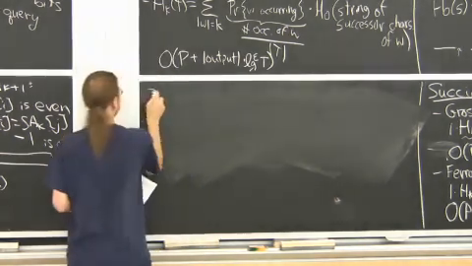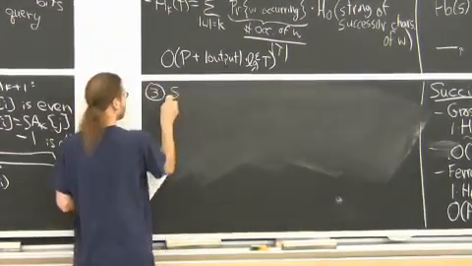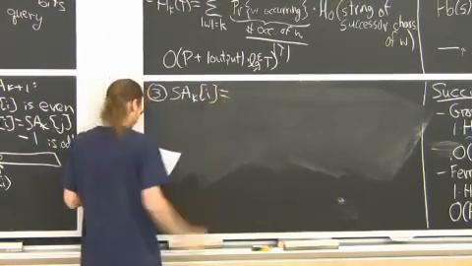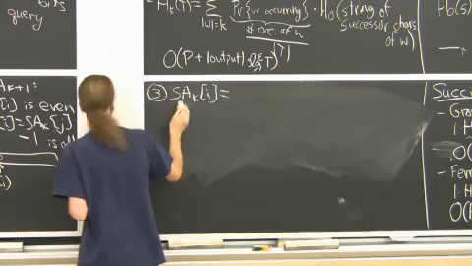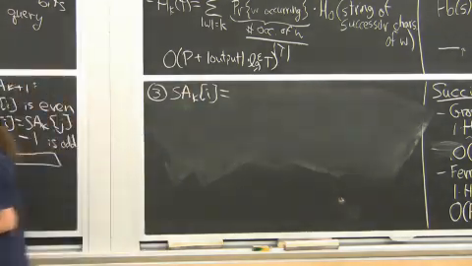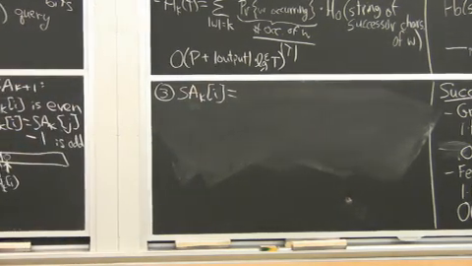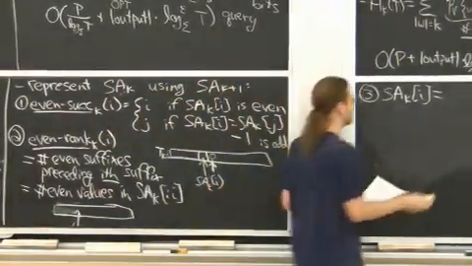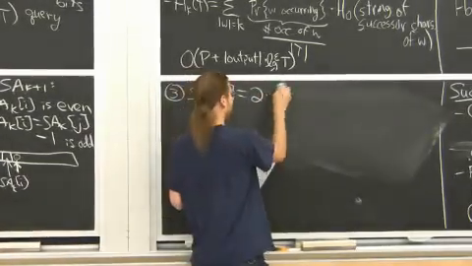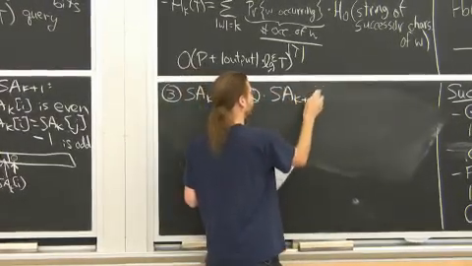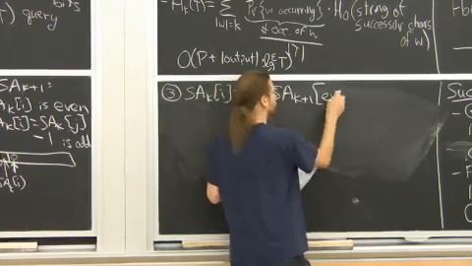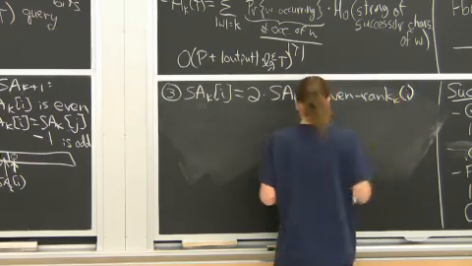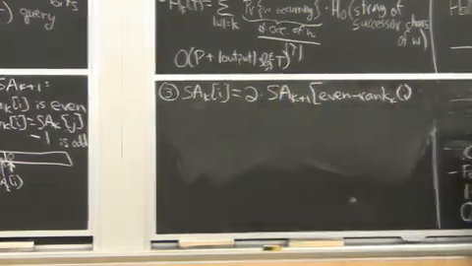So here's observation 3, putting these together. This is a rather long equation. Ultimately, I want to represent SAK of I. I'm trying to represent that. And I want the right-hand side to only refer to SAK plus 1. So here's the claim. Take 2 times SAK plus 1 of, I need another board.